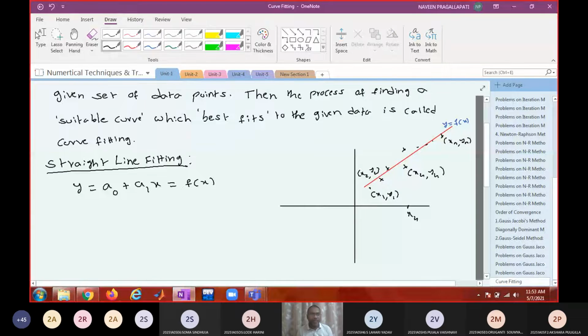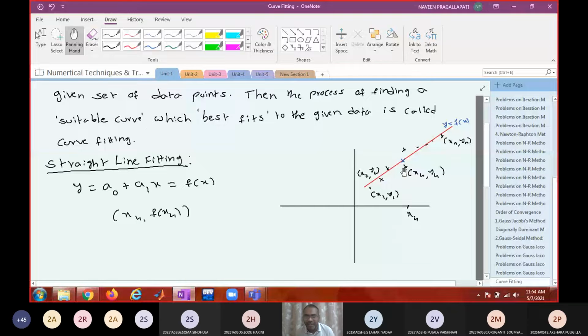Okay. Now can you tell me where is the point x4 comma f of x4? Here. Can you say that? This is the point x4 comma f of x4. x4 is given in the function, and you are getting f of x4. This is the expected value, and y4 is the actual value.